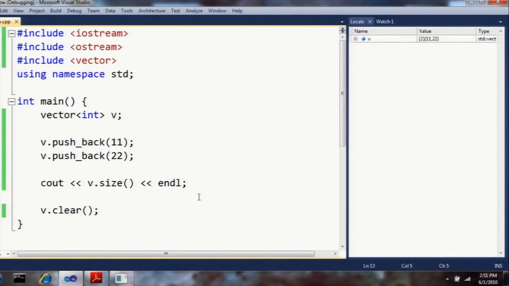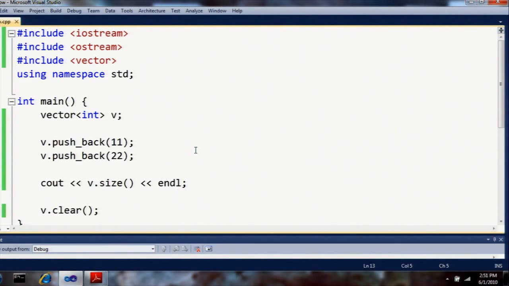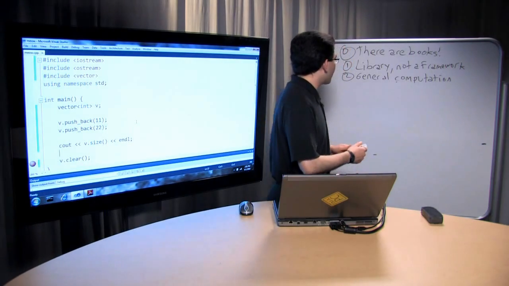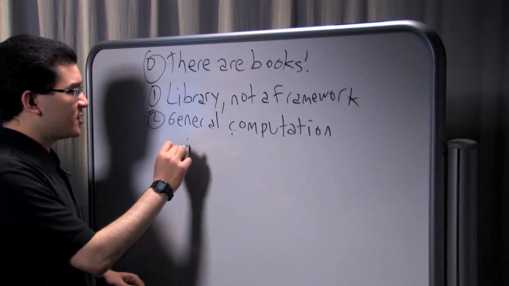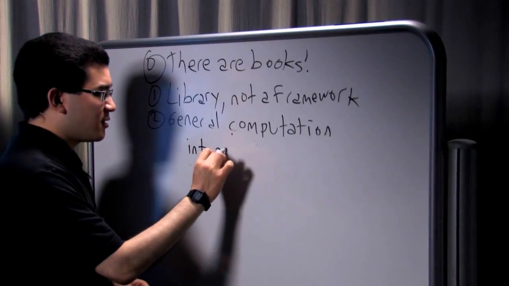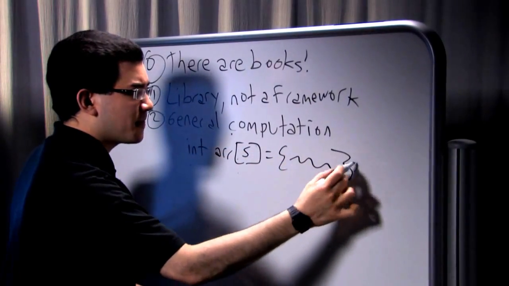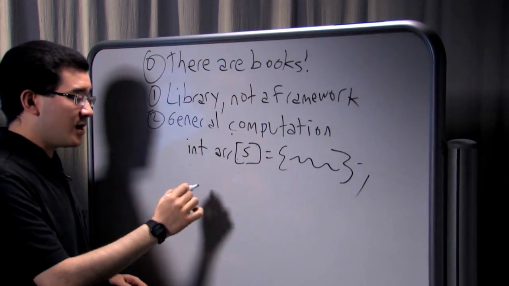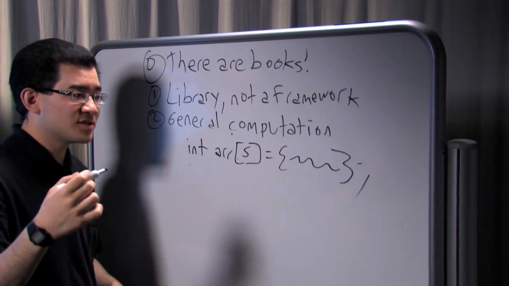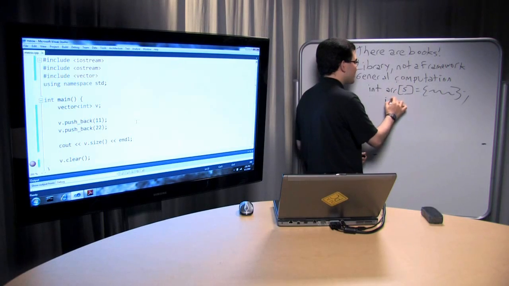So this is unlike built-in C arrays, where if I have an array, like int arr[5], and I pass this array to some function, that will be passed as a simple int*.